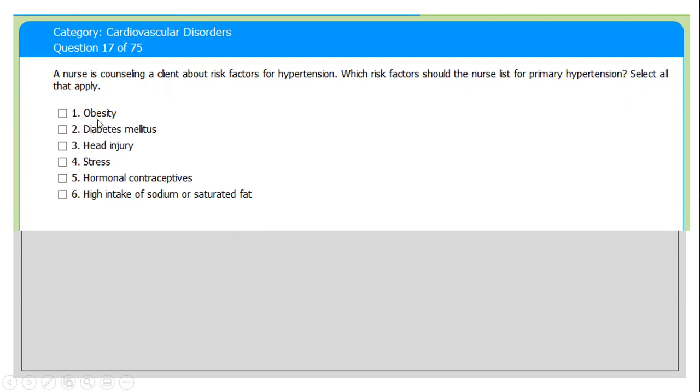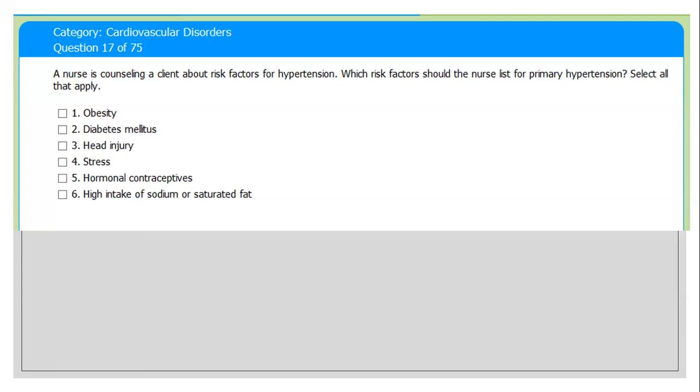First of all, obesity and diabetes mellitus, head injuries, right?